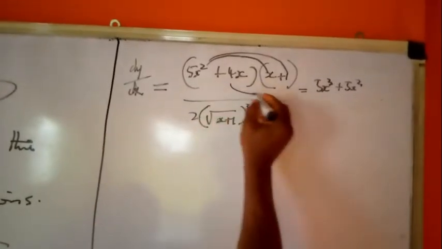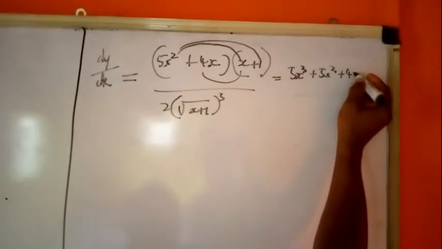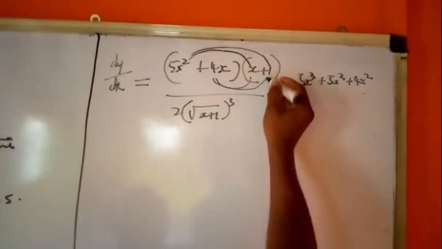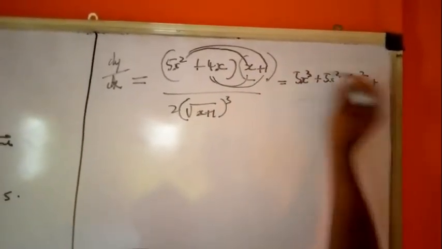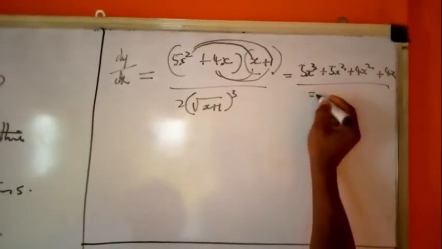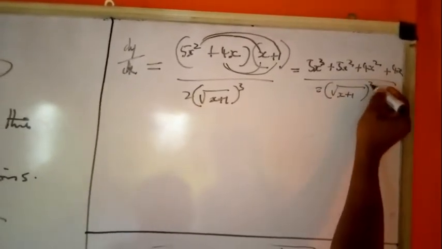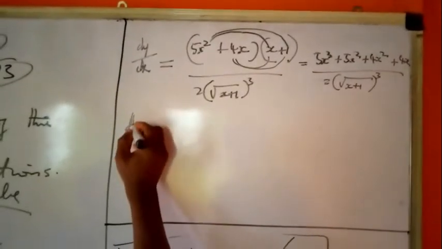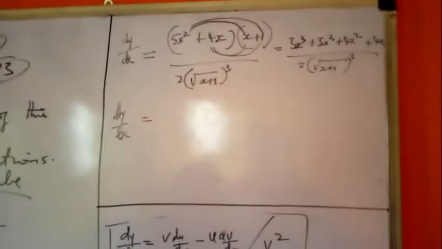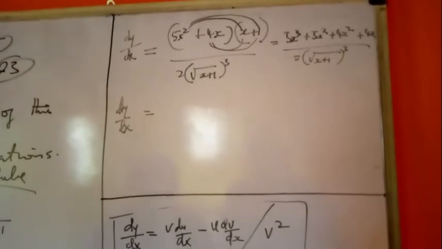Now 4x multiply x gives 4x squared, and 4x multiply 1 gives plus 4x, all over 2 into root x plus 1 raised to power 3. So dy/dx, let's add our like terms: 5x squared plus 4x squared become 9x squared.